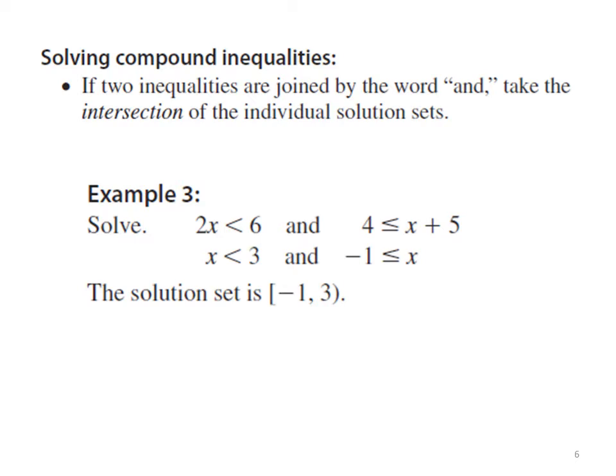For the second inequality, subtract 5 from both sides, or add minus 5, you get minus 1 is less than or equal to x. So our solution set is the two solution sets joined by and: all x such that x is less than 3 and x is larger than or equal to minus 1.